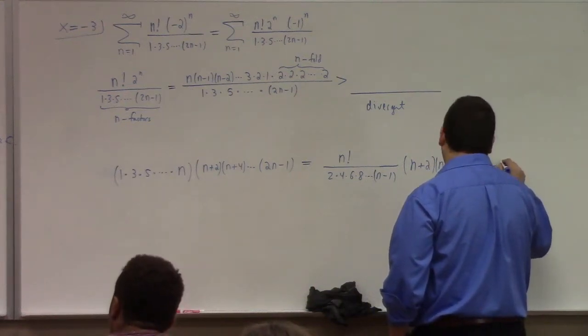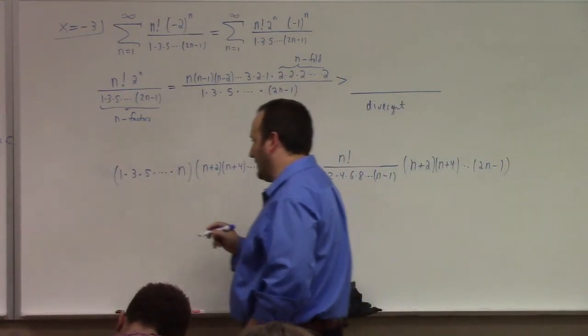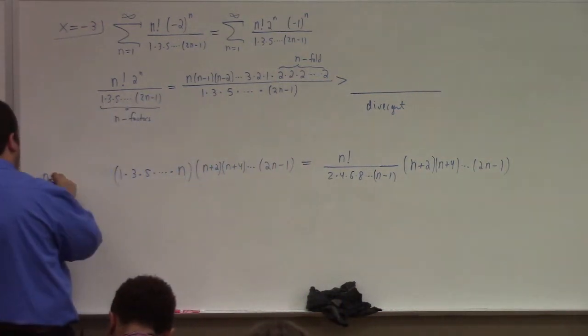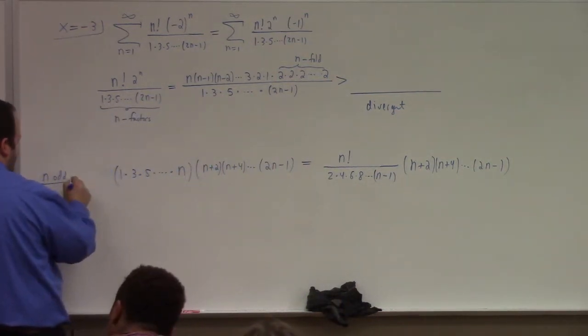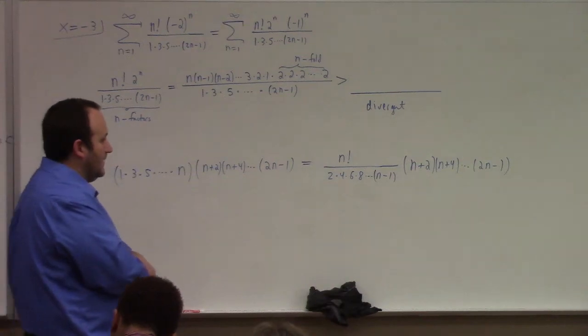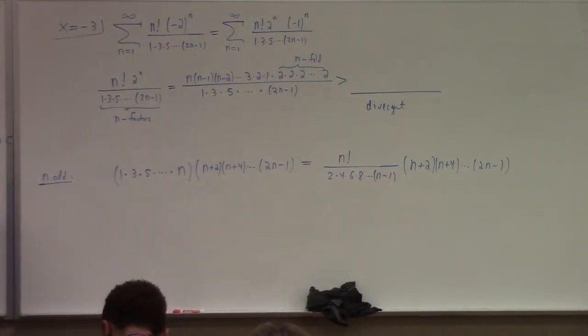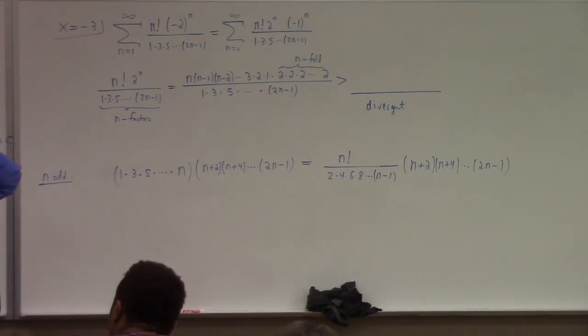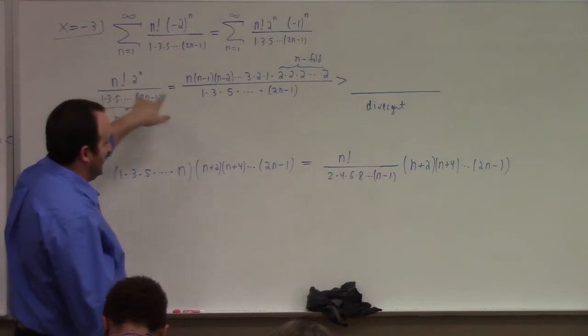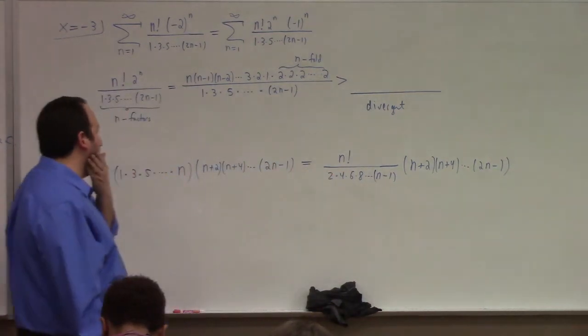I'm not sure this is productive, but here's something I'm thinking about trying for n odd. That's a way of rewriting the denominator in terms of an n factorial, right? Then the n factorials cancel, because this n factorial would then cancel with that n factorial.